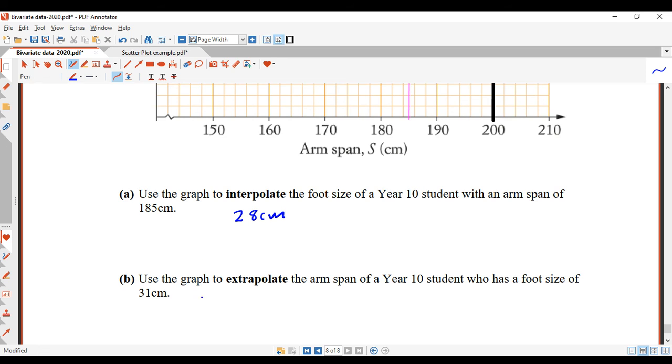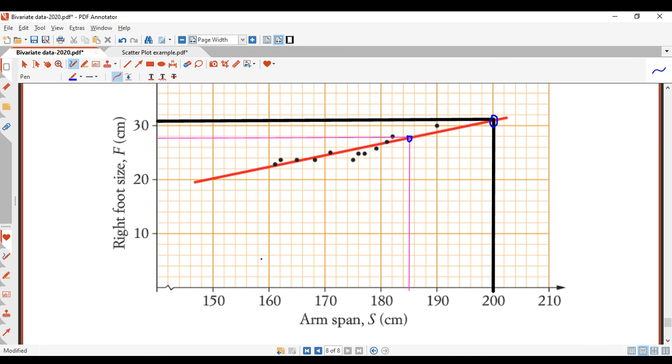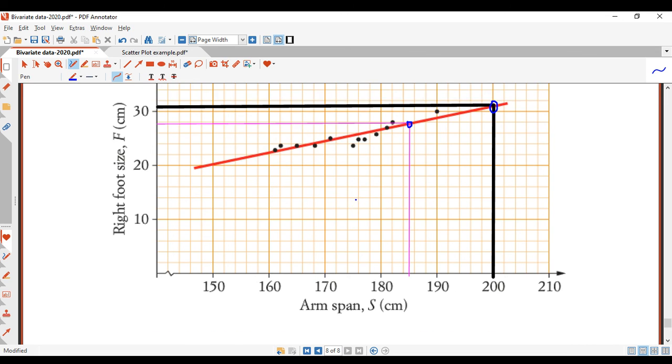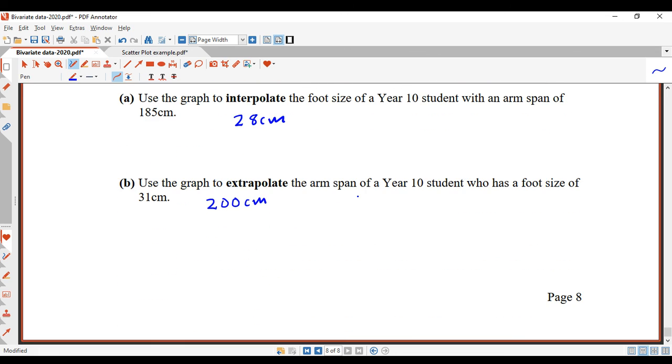So when you're reading data on the line of best fit beyond the data points which have been plotted, and it's not between the data points, that's called extrapolation. But if you're reading data on the line of best fit between the plotted data points, that's called interpolation. Okay, so you've got to be clear on that definition. And that is our lesson.